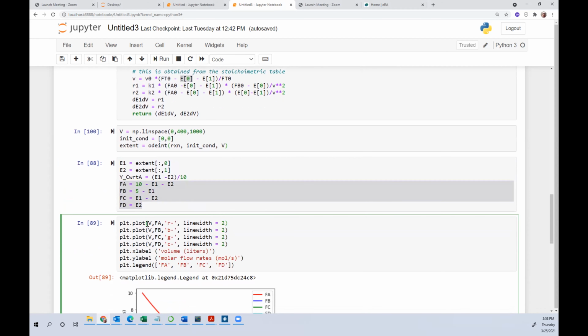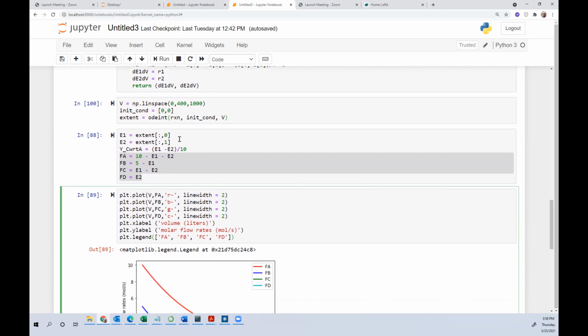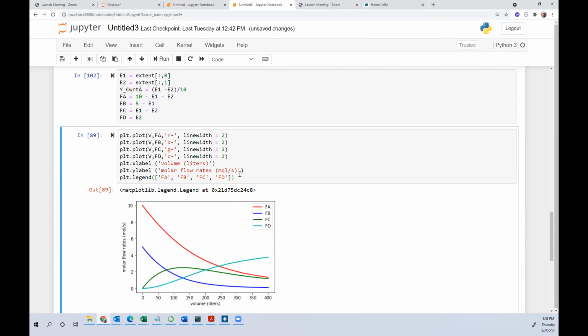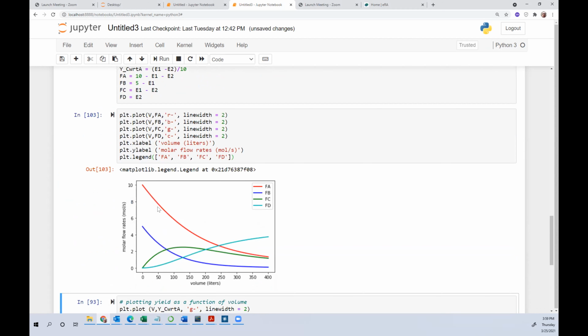And they can do the plot the same way. Here I'm plotting FA, FB, FC, and FD just to show you what they look like over the reactor volume, and labeling the X and Y axes and putting some legends. So this is the plotting. Right, so if you run this, this is what's going on.